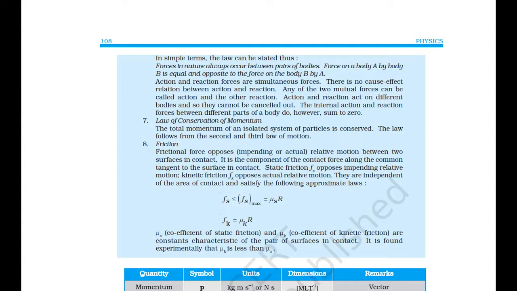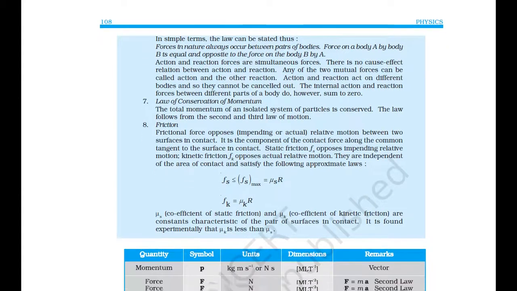They are independent of the area of contact and satisfy the following approximate laws: f_s is less than or equal to f_s maximum, which is equal to mu_s into R, and f_k is equal to mu_k into R. Here mu_s and mu_k, the coefficients of static and kinetic friction, are constants characteristic of the pair of surfaces in contact. It is found experimentally that mu_k is less than mu_s.